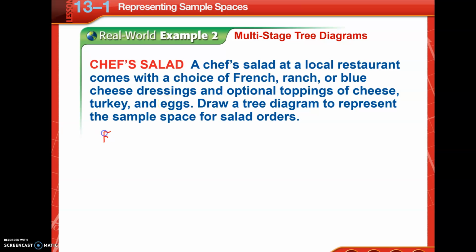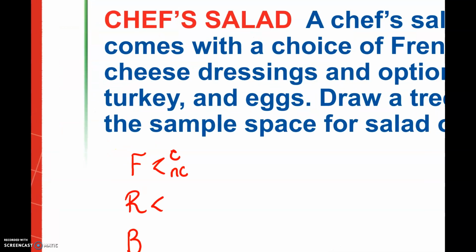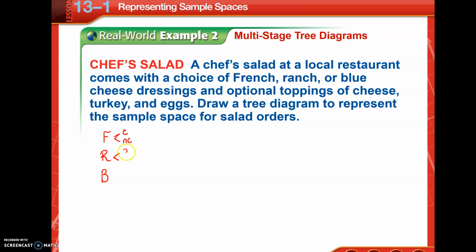So I could have done French, ranch, or blue cheese. So there's my first stage, where I picked which one of those I had. And then we have the cheese stage. So I have cheese or no cheese. Each one of these could have gotten a cheese or no cheese.